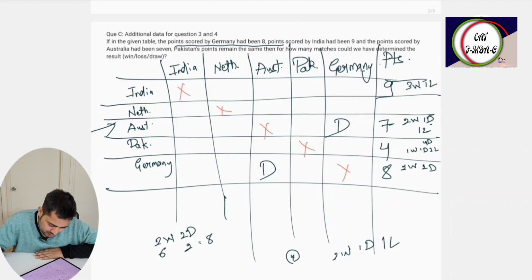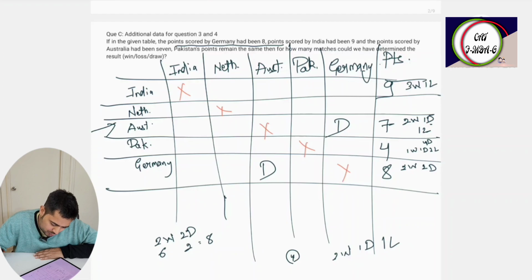India has 3 wins and 1 loss. Here 2 wins and 2 draws are there. India has to win against whom? Can Pakistan be 4 draws? Yeah, Pakistan can be 4 draws also, or 1 win, 1 draw and 2 losses.